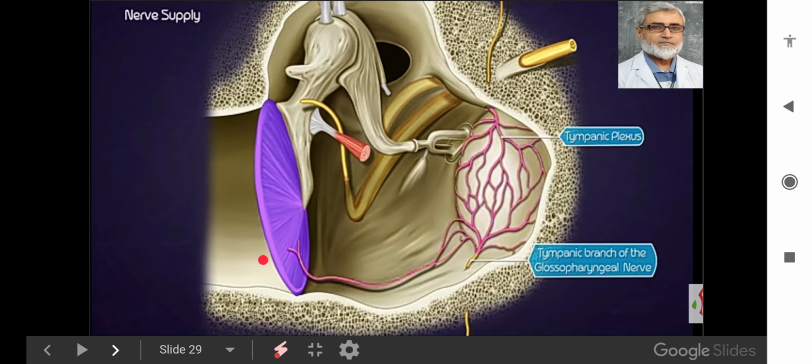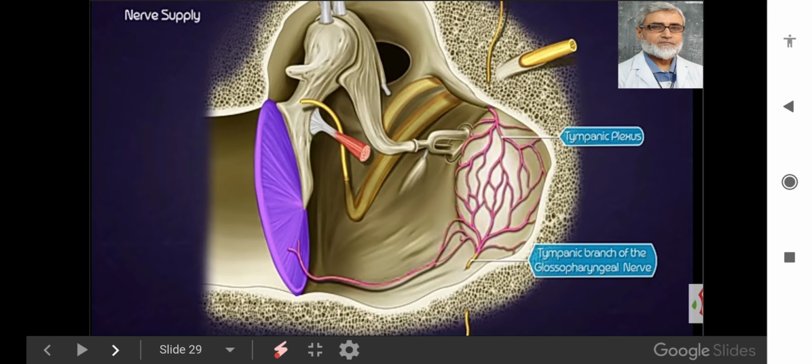Come over the next. Nerve supply. The anterior part of the lateral surface is innervated by the auriculotemporal nerve.